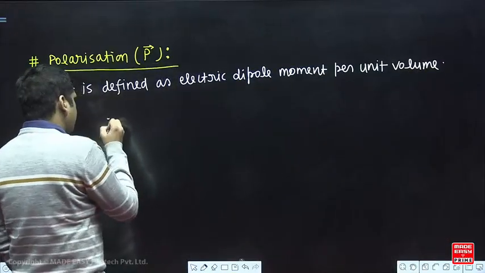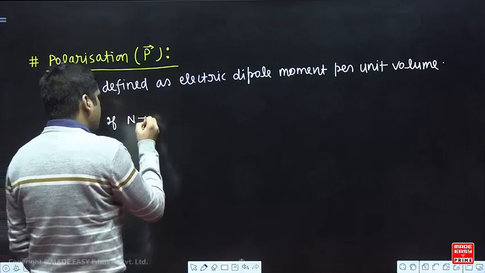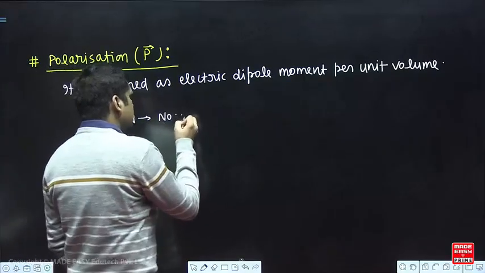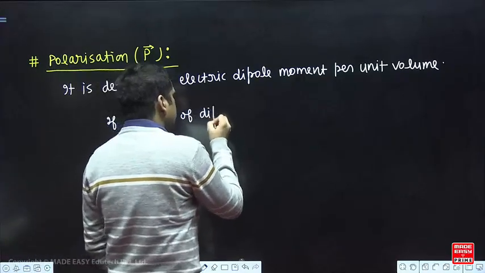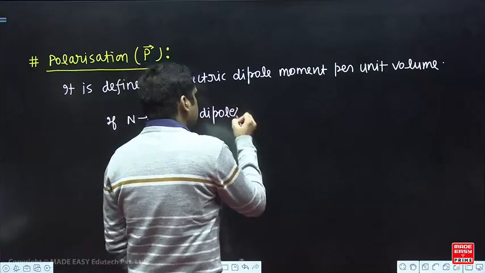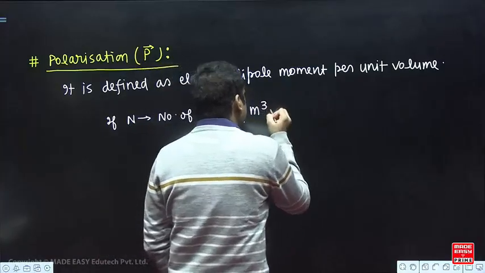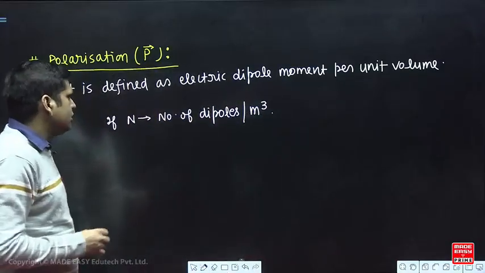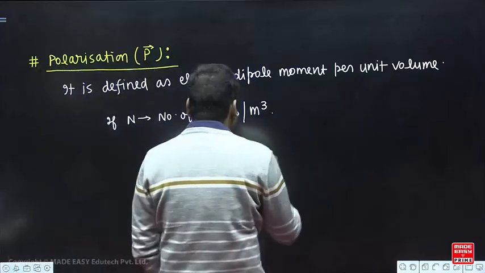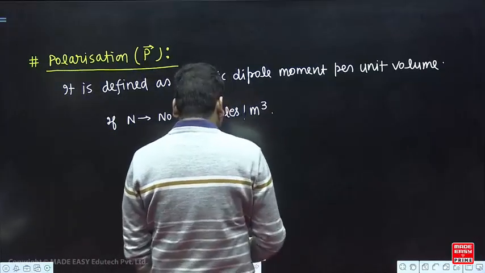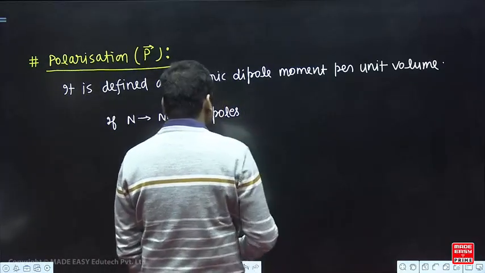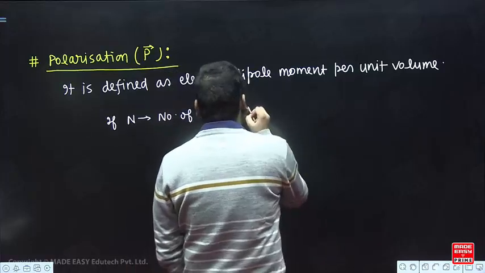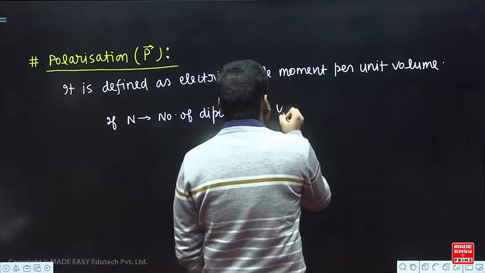If n is the number of dipoles per meter cube, meaning per unit volume, or you can write number of dipoles per unit volume. If the volume is in centimeter cube then centimeter cube, if meter cube then meter cube. Number of dipoles per unit volume.